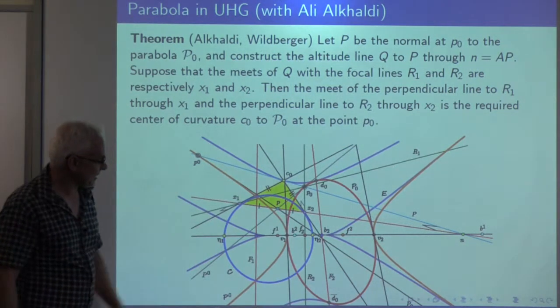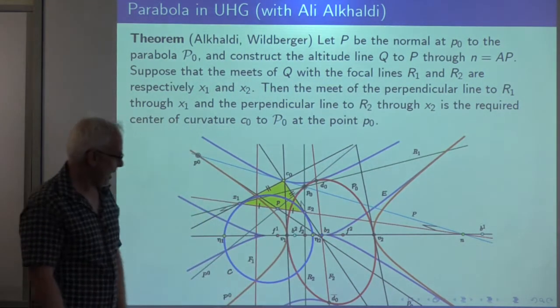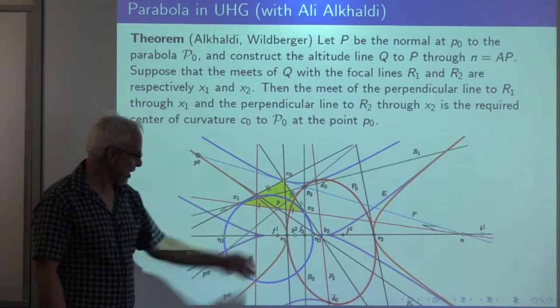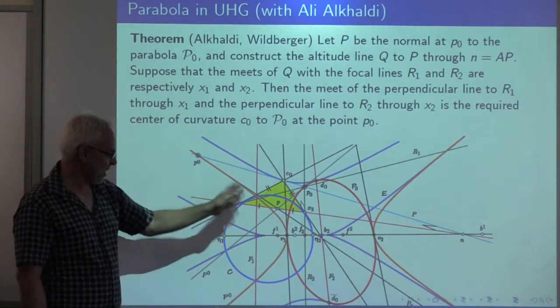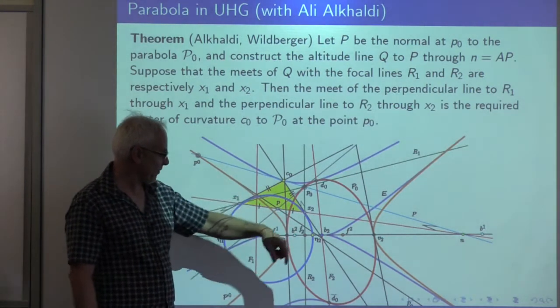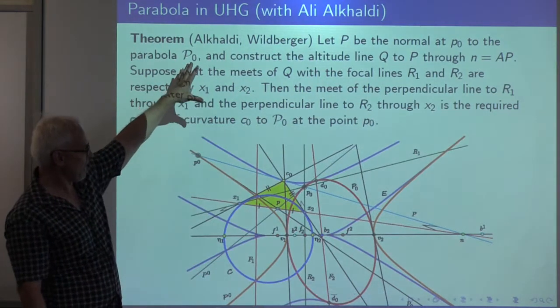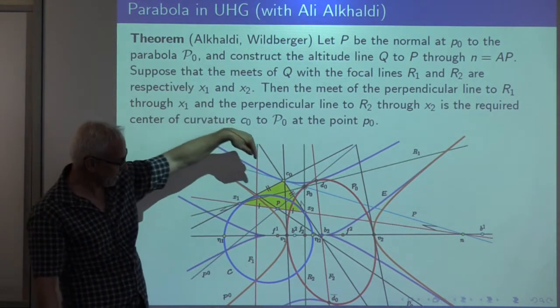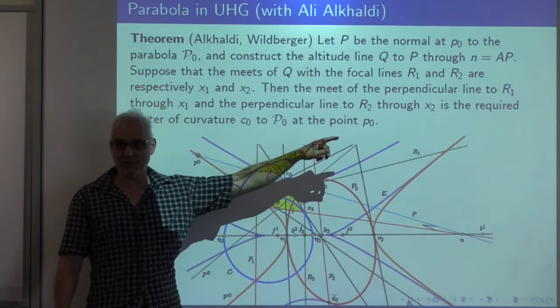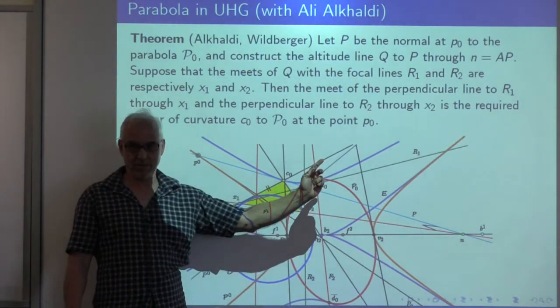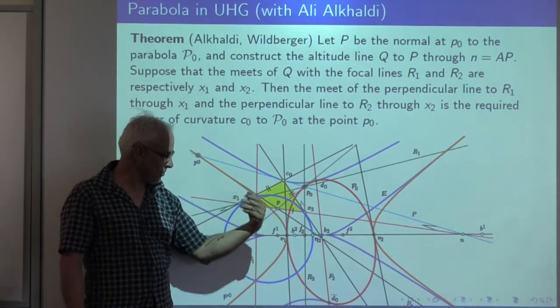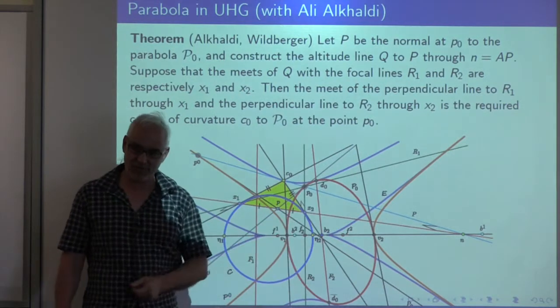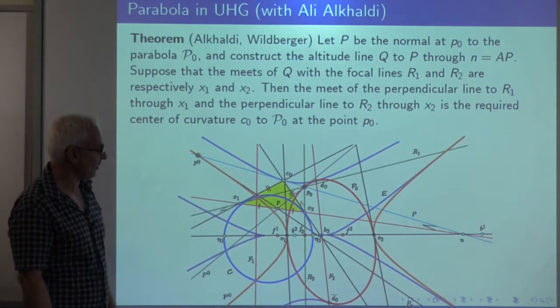This is a parabola, and it has foci and a directrix, and another focus and another directrix. There are many beautiful things, but this is just one of many theorems illustrating how we can actually construct the evolute of this parabola using ruler and compass, well, not just ruler constructions.